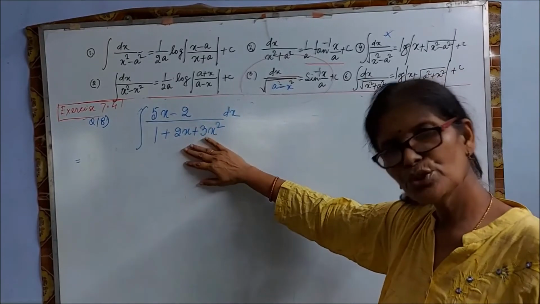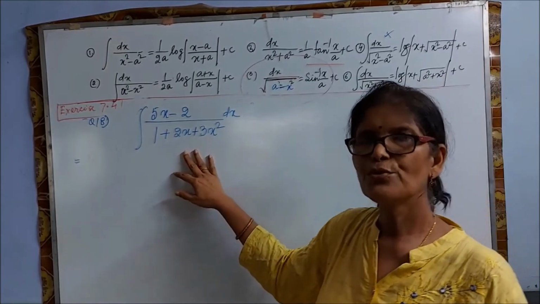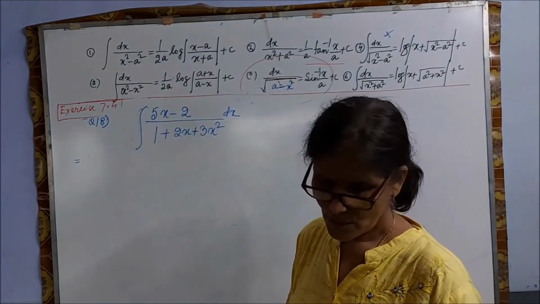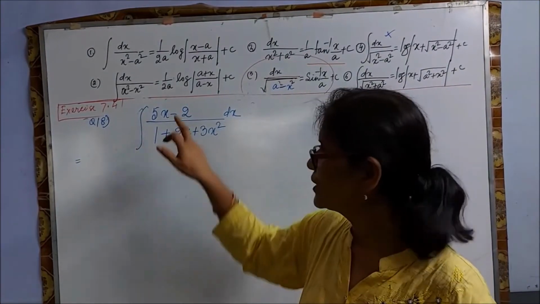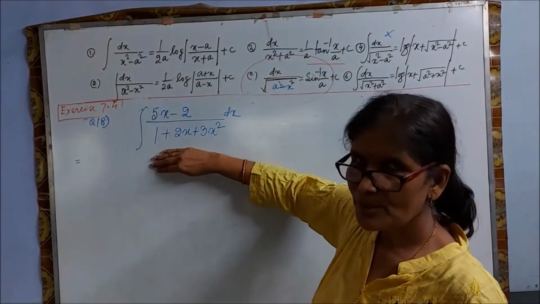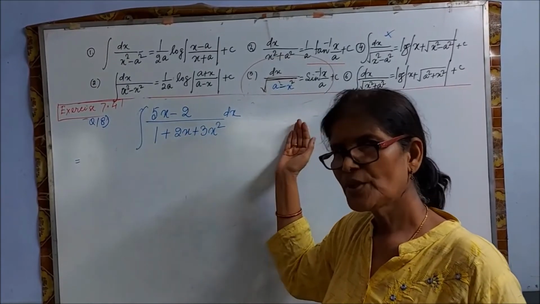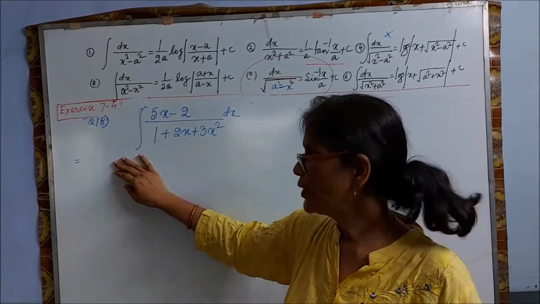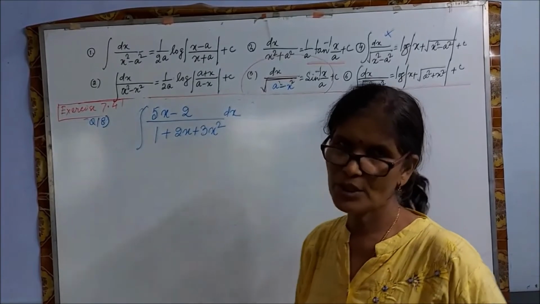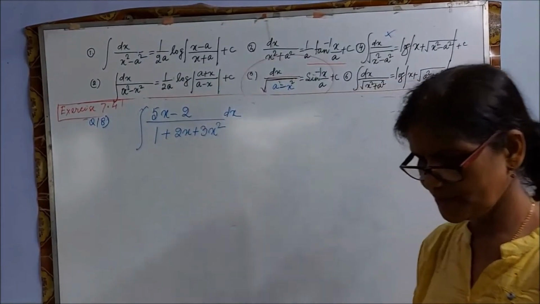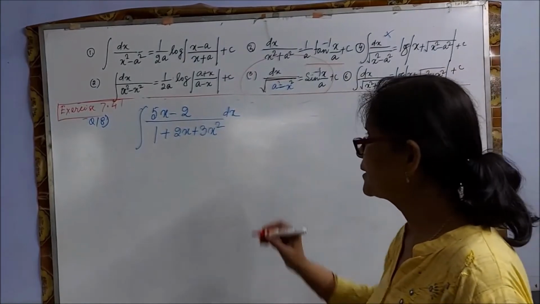Okay, so to do this type of question, we have to follow a procedure. What is it? We take, let the numerator be a constant times the derivative of the denominator plus another constant. Now please see how I am doing it. Then if it is not understood, then we will do something else. So what will I write?